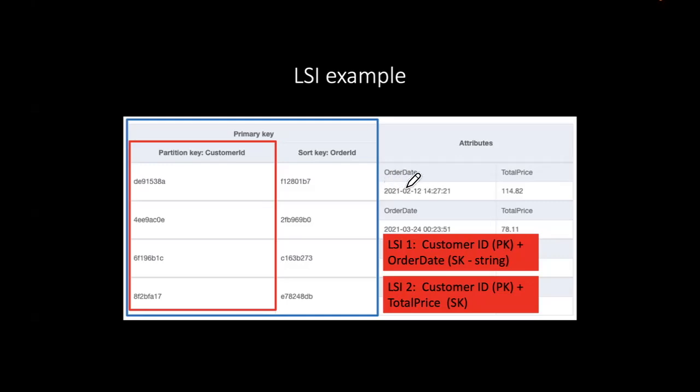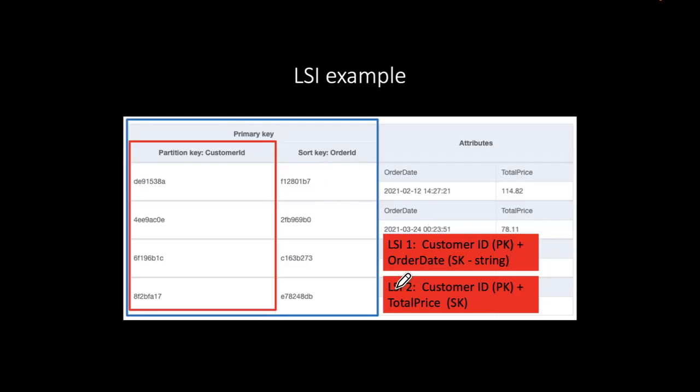And because in this case my date is year, month, day, I could say the date string begins with 2025. So I can now run a query like give me all orders for customer 1234 which were made in 2025. I can't run that query against the main index, but I can in this one.